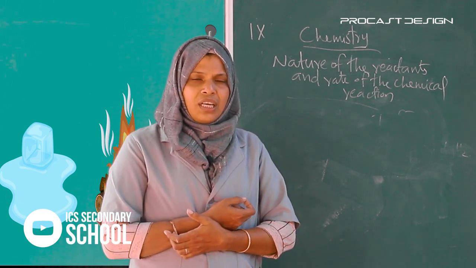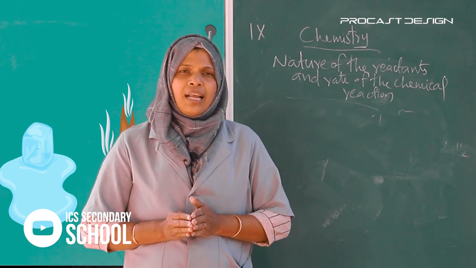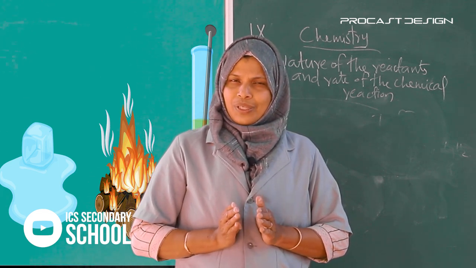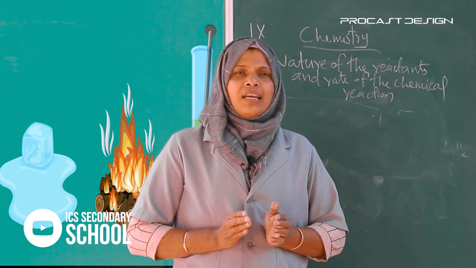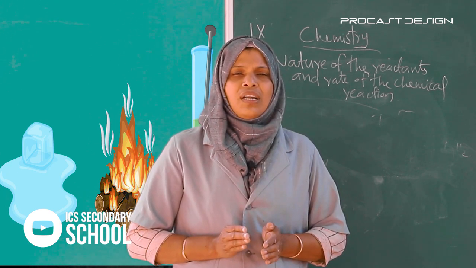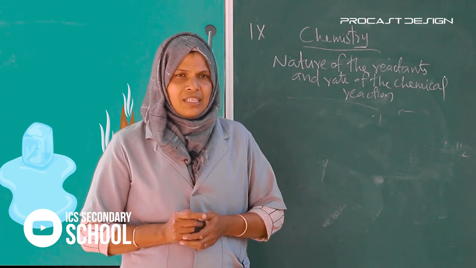First we take a zinc and magnesium piece of the same size. Then take an equal amount of dilute hydrochloric acid in 2 test tubes. Then add a zinc piece in the first test tube and a magnesium piece in the second. Then observe the reaction.